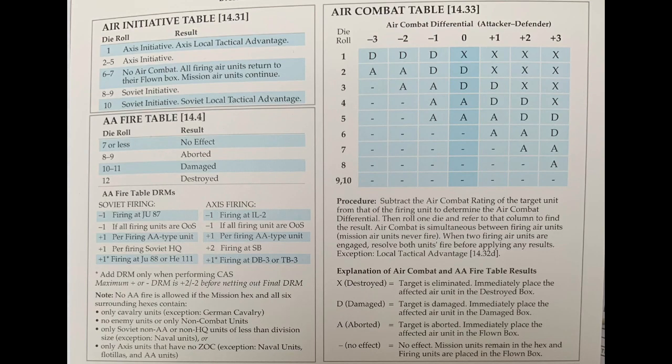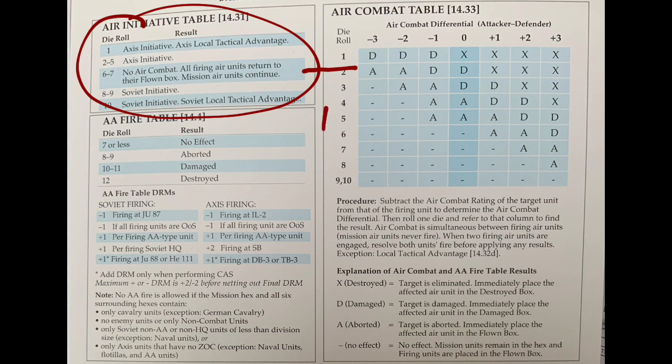Here we have the air initiative table on the upper left corner of this card, and you roll, and basically who has the initiative can decide which units will fight which units of the opponent. There is also the chance that there is no air combat, and then the firing units are moved to the flown box, and only the mission units remain and have to go again through the anti-air fire.